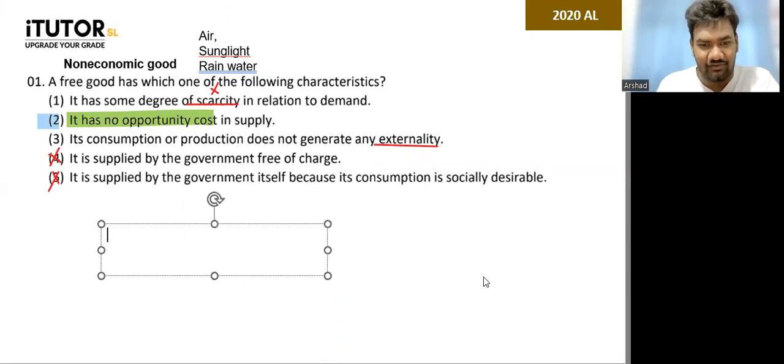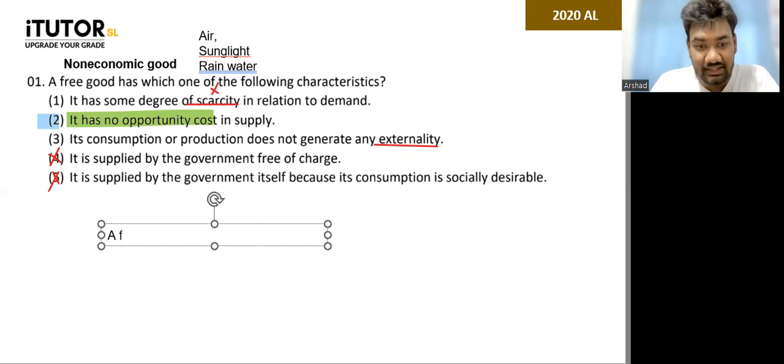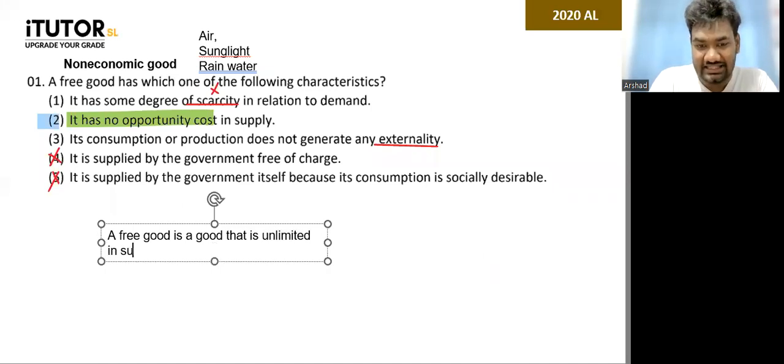What's the definition for free good? A free good is a good that is unlimited in supply. What are the keywords that you need to include when you say a free good? A good unlimited in supply, most likely a gift of nature.